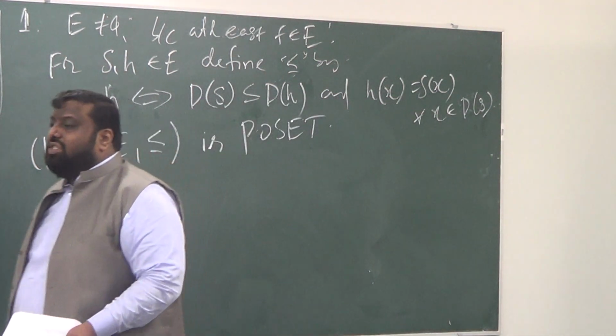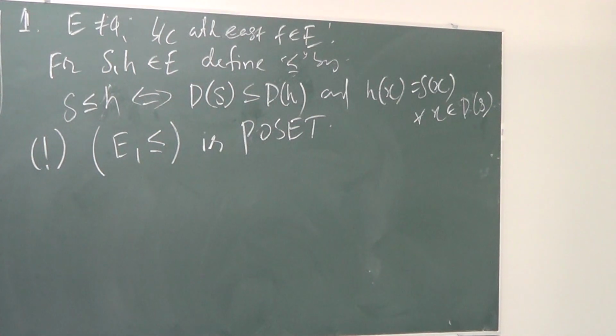What we need to do next is to take a chain and show that it has an upper bound. So if you take some number of extensions of F which can be compared with this order, because a chain means a totally ordered subset, in other words, something in which you can compare all possible two elements.